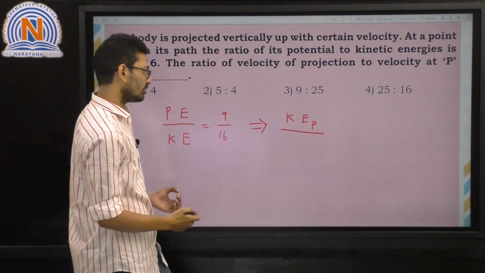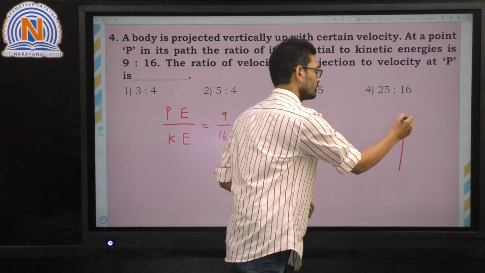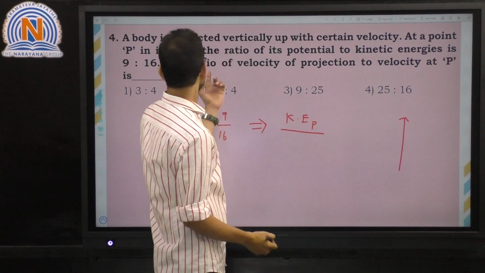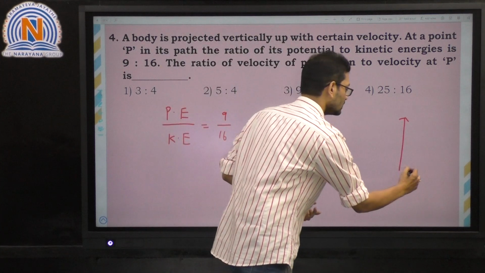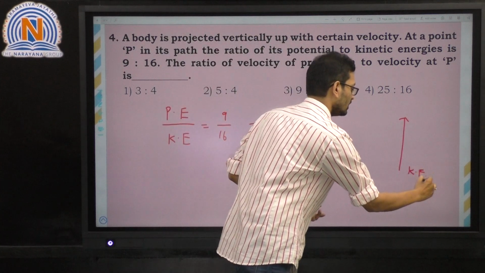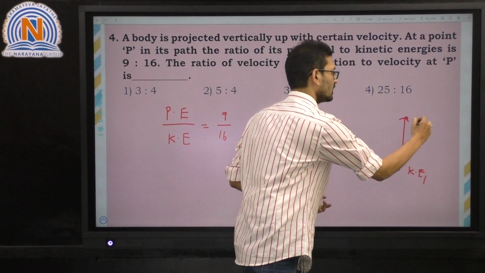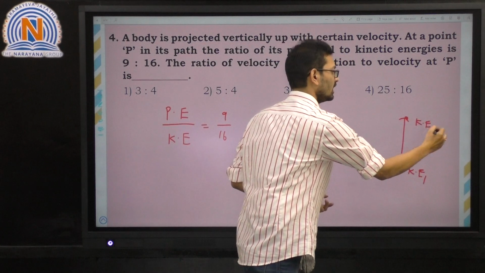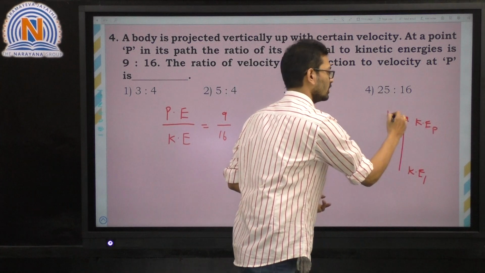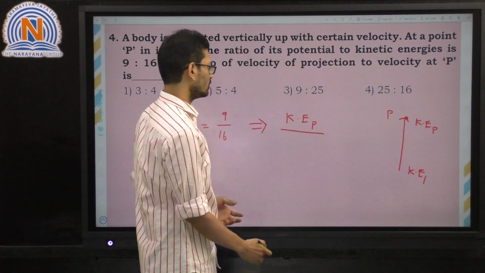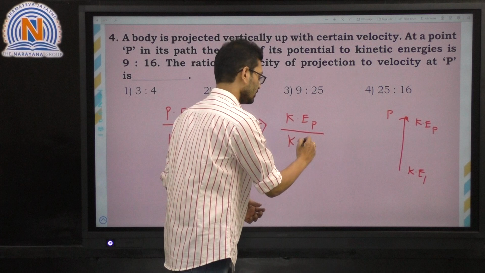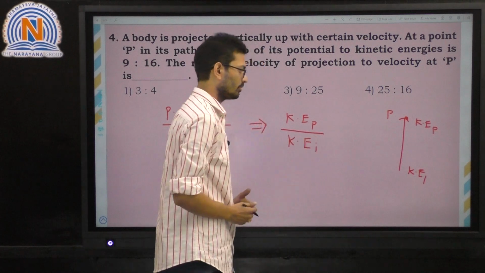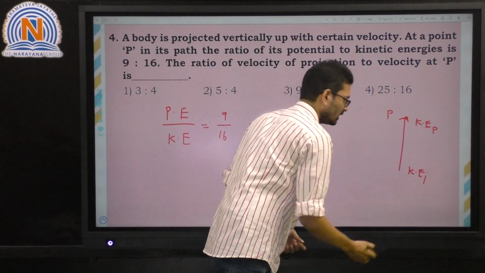And imagine when he is throwing it up, his initial kinetic energy is KEI, and at this point his kinetic energy is KEP at the point P. So you try to figure out that KE initially, which is this one, KEI.